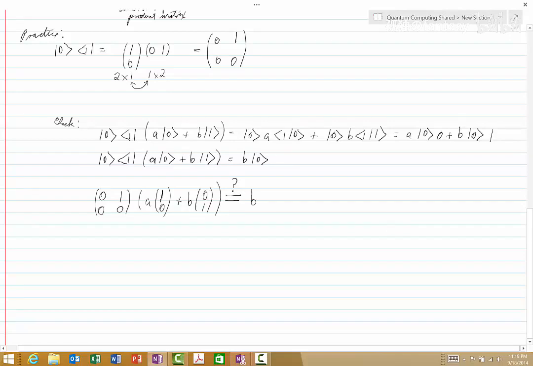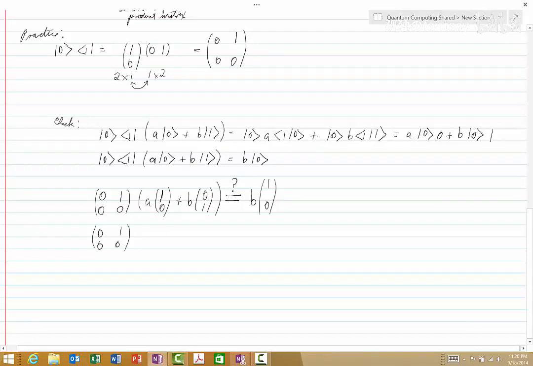And for the 0 ket, okay, again we have the 1, 0 column vector. So now let's see if this all works out. Well, let's simplify on the left hand side this term in the parentheses first.